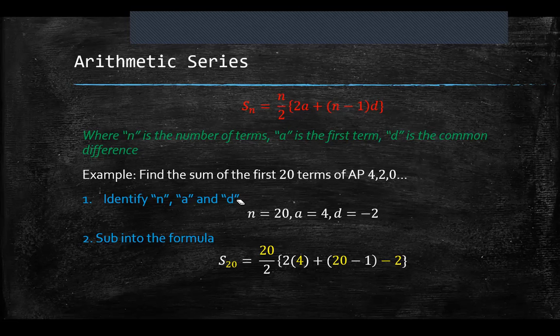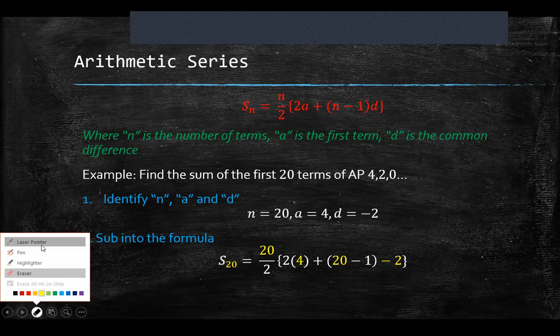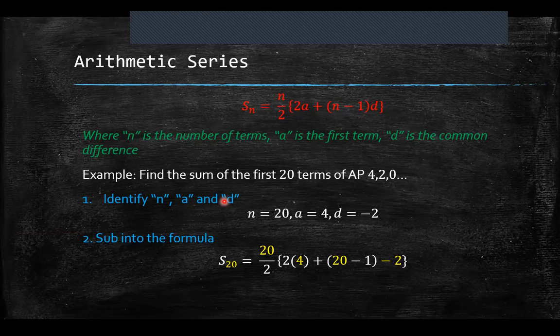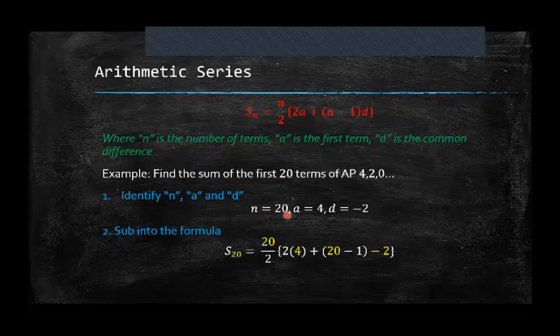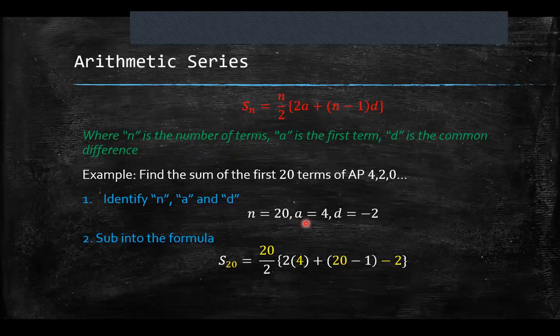Example: find the sum of the first 20 terms of the AP 4, 2, 0, and so on. First thing you want to do, identify your n, your a, and your d. N is the number of terms. They ask me for the first 20 terms, so n is 20. A is the first term of the sequence, which is 4.